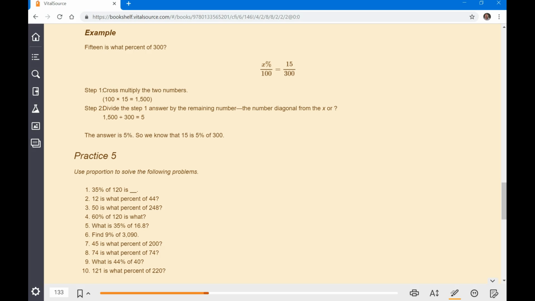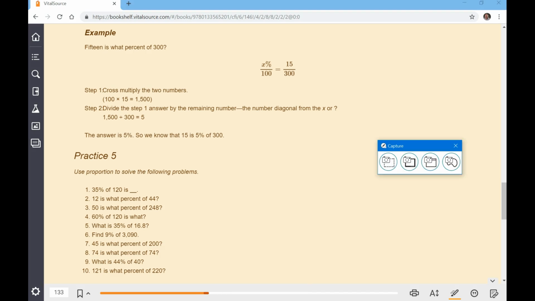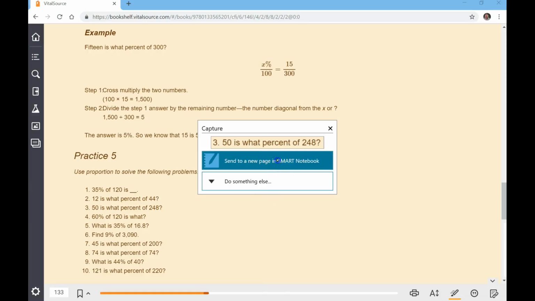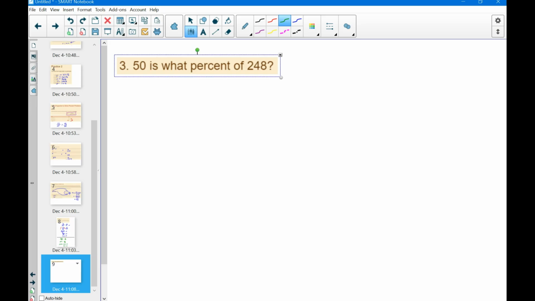Let's try another one of those. Let's try that one. 50 is what percent of 248? So again, setting up our equation, we have percent over 100 equals is over of.